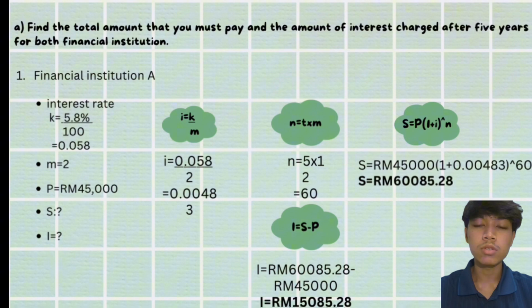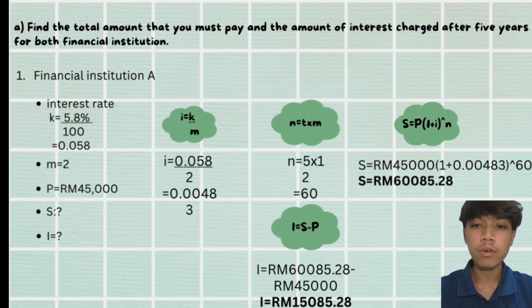For financial institution A, K is 5.8 divided by 100, so K is 0.058, M equal 12, P equal 45,000 ringgit. Then I equal 0.058 divided by 12. So the answer for I is 0.00483. After that, N equal 5 multiply 12.